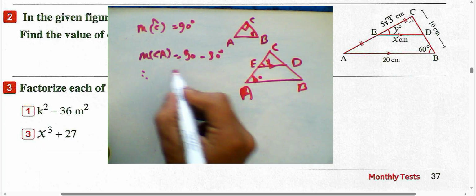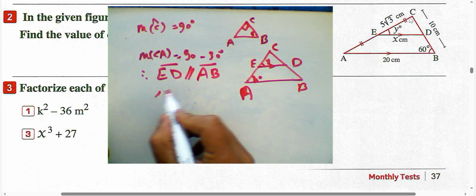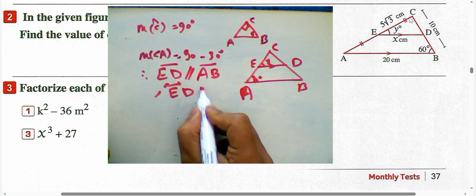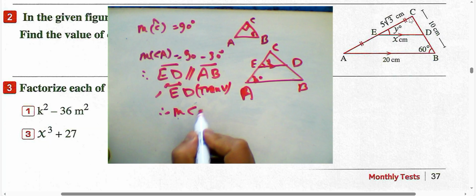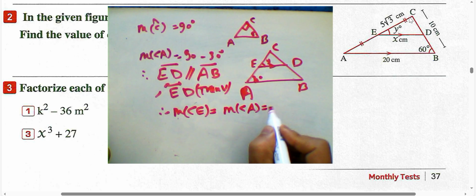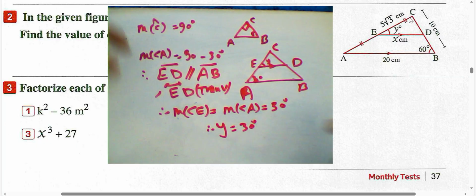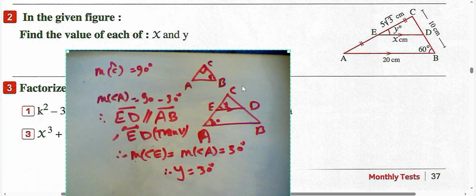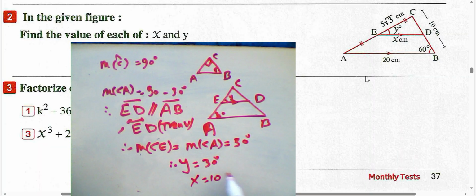Then the measure of angle E equals what? Equals 30 degrees. Then Y will be 30 degrees. So we found Y is 30 degrees. X, found last time, was 10 centimeter.